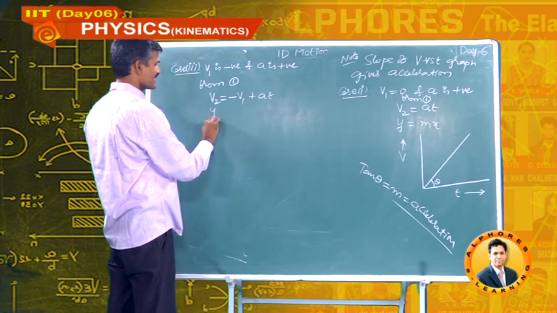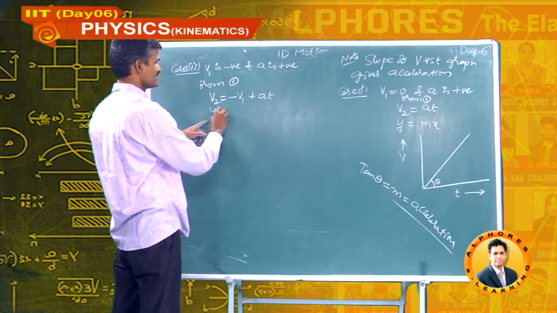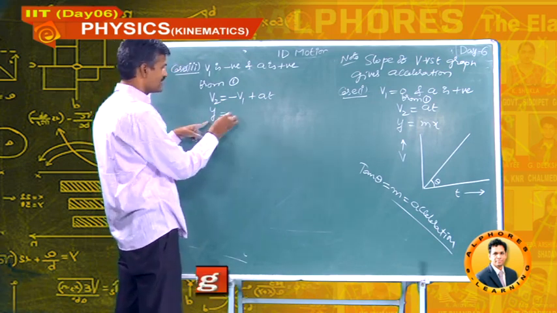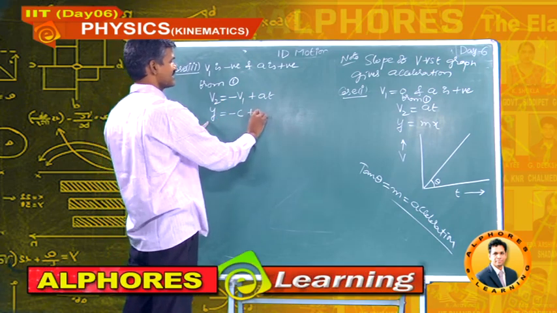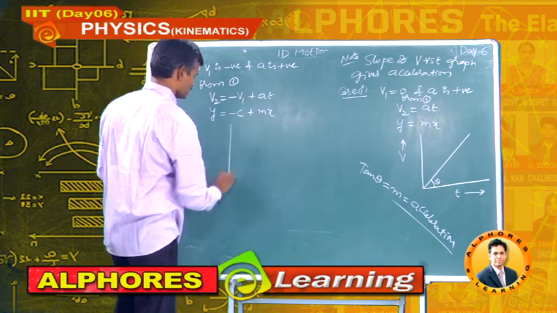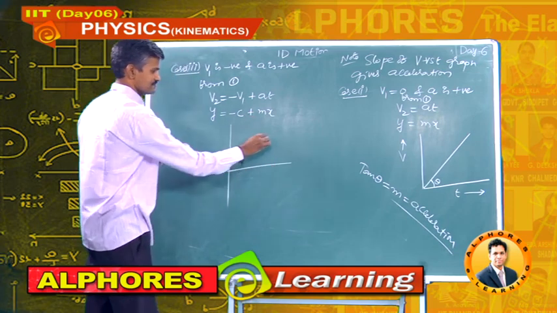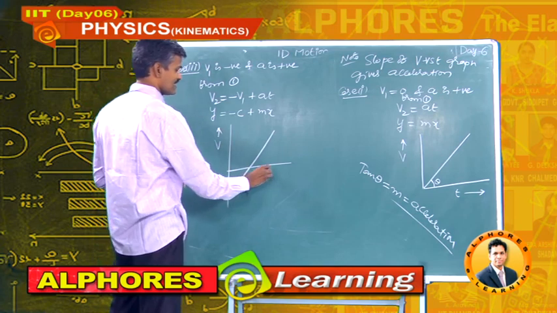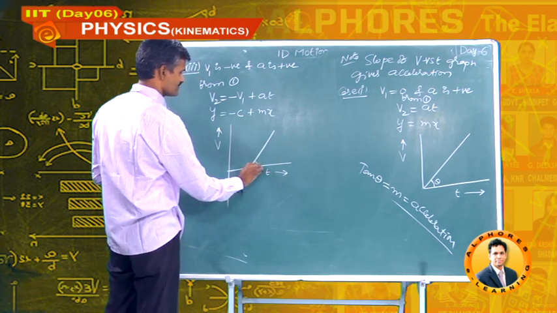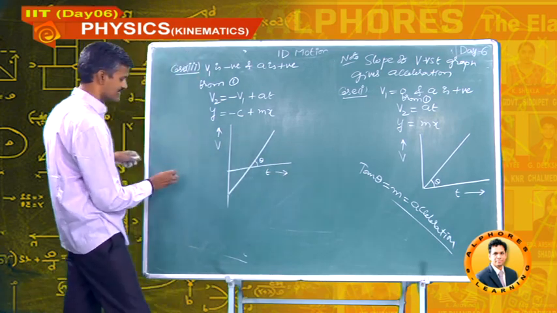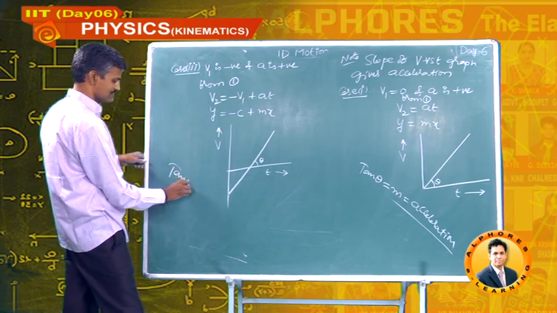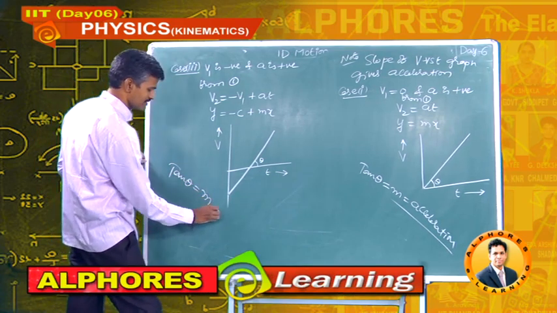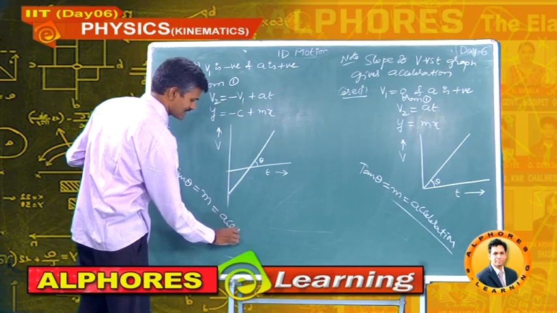So if you draw a graph between velocity and time, the function is like this: y is equal to minus constant plus mx. This is the velocity axis and this is the time axis. If you consider this angle as some theta, tan theta is the slope m, that is equal to acceleration.